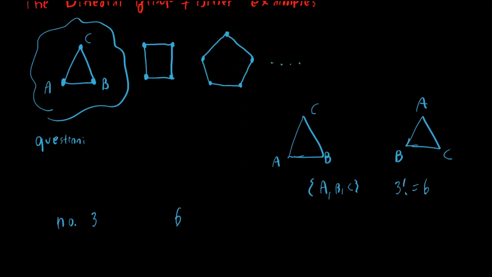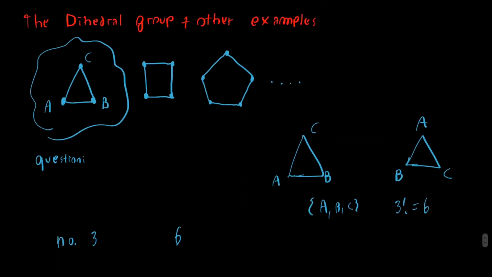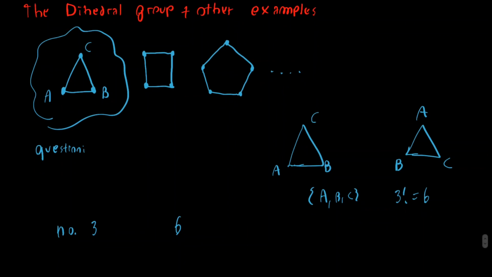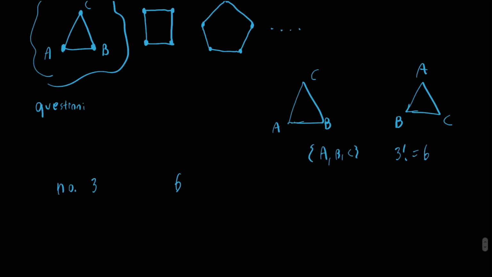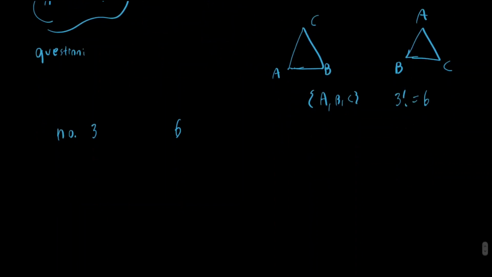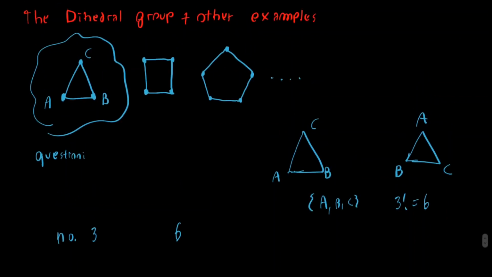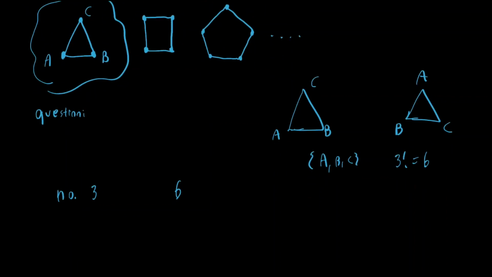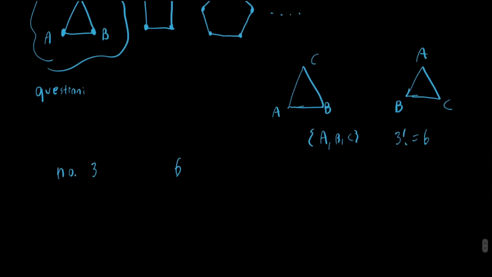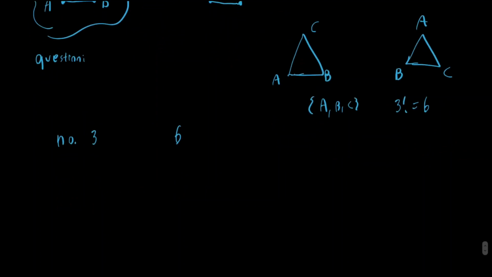However, in general, this would not be true because we will have to be careful about preserving adjacency in the polygon, of course, because otherwise we would get a shape that is not what we want. But in this special case of the triangle, the permutations of the vertices are all the possible symmetries that we can achieve in this fashion. So now let's actually go and find all such isometries.